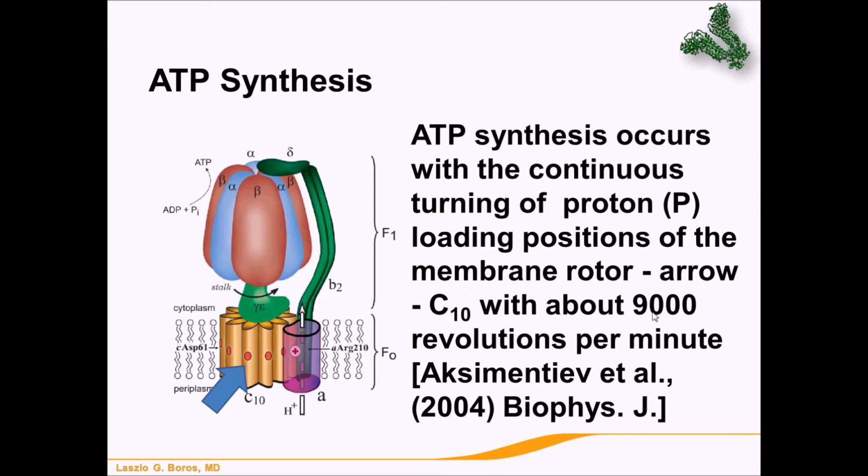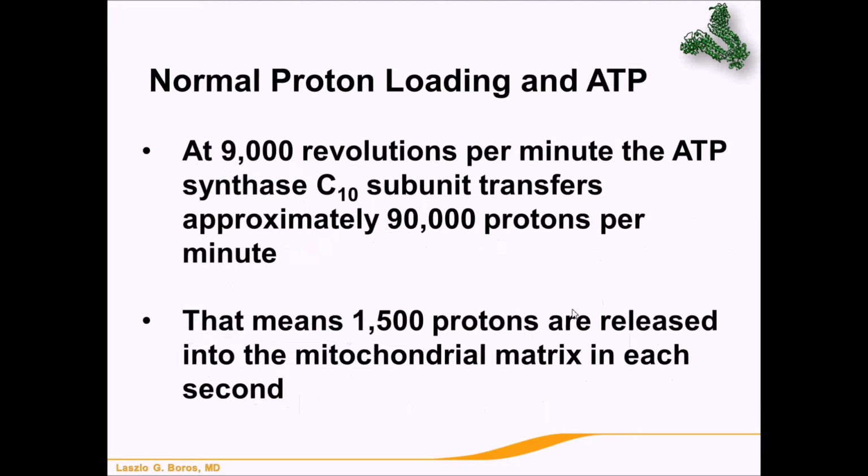And ATP synthesis occurs with this continuous turning of proton loading positions, these asparagine 61 residues of the membrane rotor, at about 9,000 revolutions per minute, which is a very high speed and a very high revolution for a nanomotor. Now, anybody can calculate that at 9,000 revolutions per minute, the ATP synthase C10 subunit, and it's called C10 because there are 10 binding sites on this rotating subunit, transfers approximately 90,000 protons per minute.